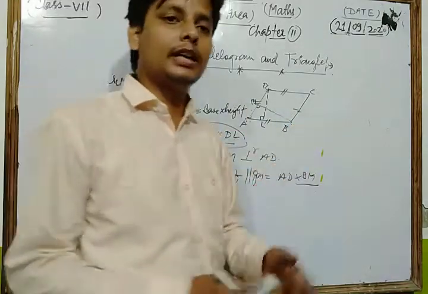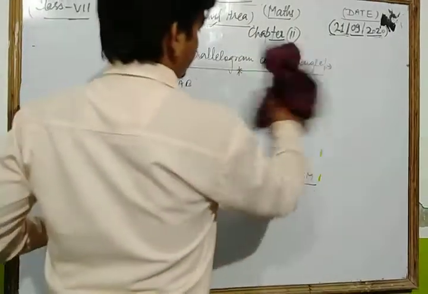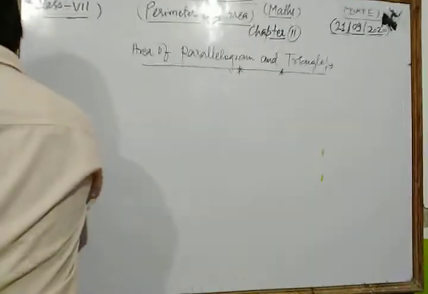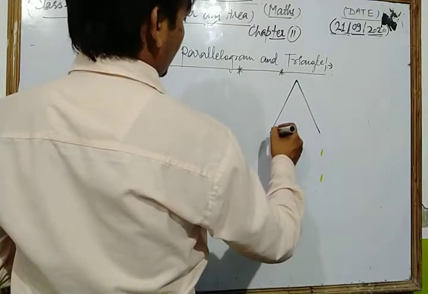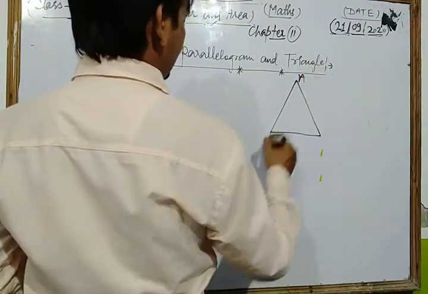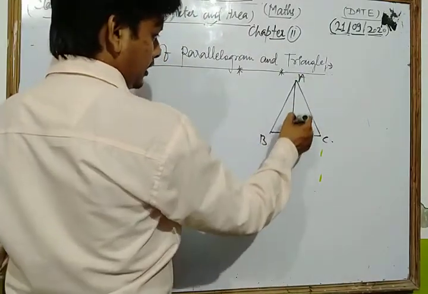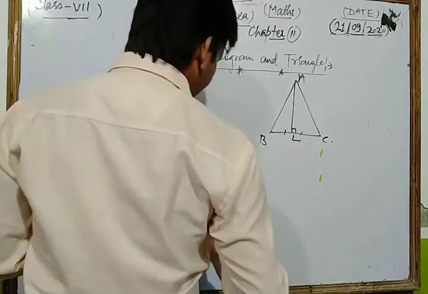Now we discuss the area of triangle. Suppose ABC is a triangle in which AL is perpendicular to base BC.